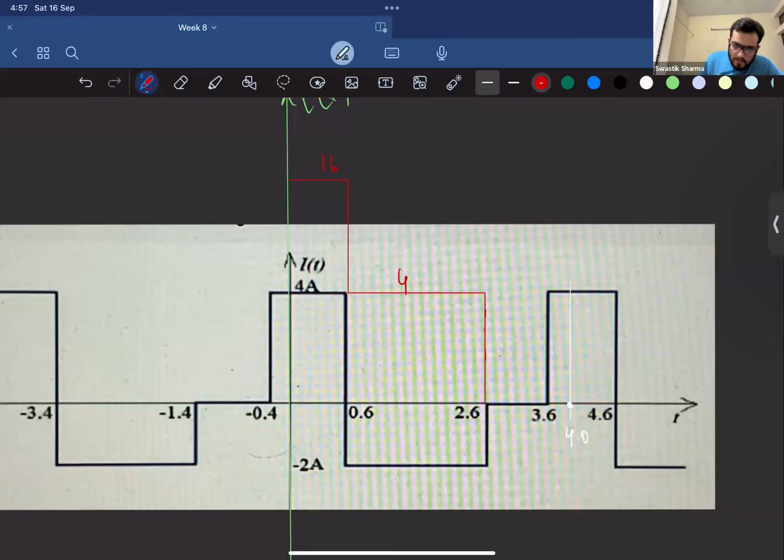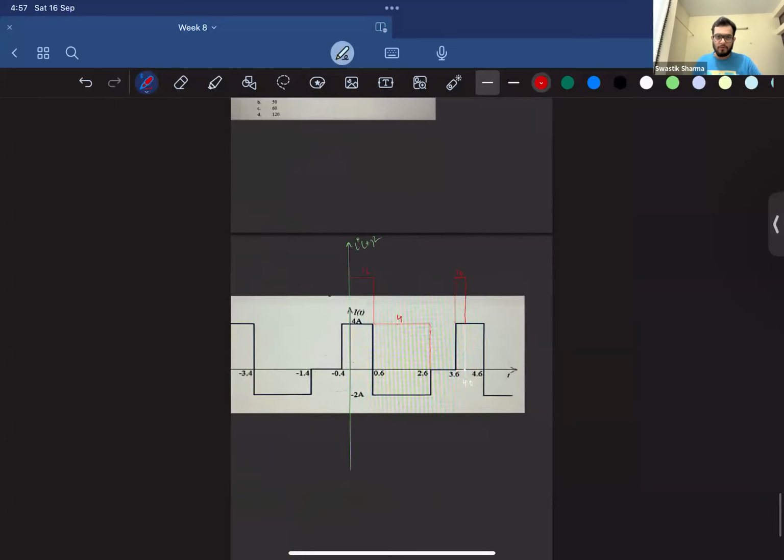So I'm doing nothing but squaring the whole waveform so that we get how the waveform would look like. And again 16. So this is how our waveform would look like.